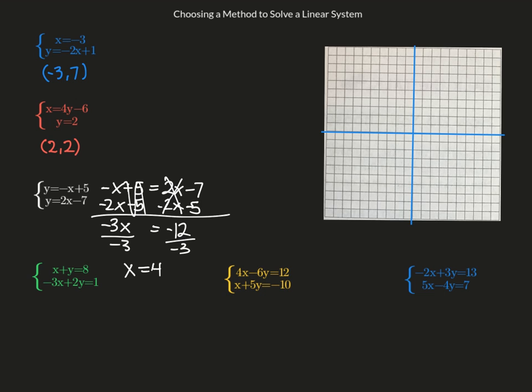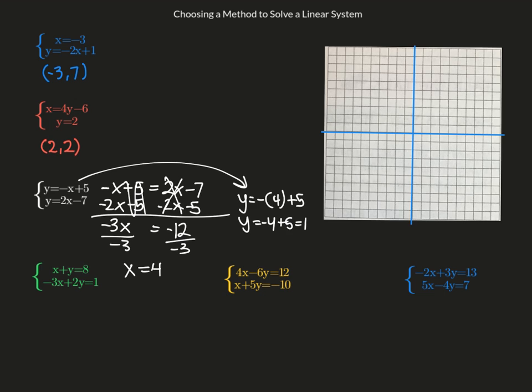And now I plug that back into either one. And probably both is a good way to check, but the easier one is the top one. So I'm going to show y equals -4 plus 5. Well, -4 plus 5 equals 1.